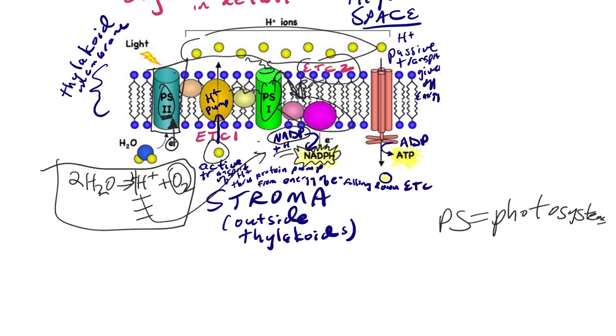So you see this high concentration of yellow balls on the thylakoid space side. Well, what's happening is they will diffuse through a special channel protein that is really an enzyme called ATP synthase. So it makes ATP, it charges up ATP.